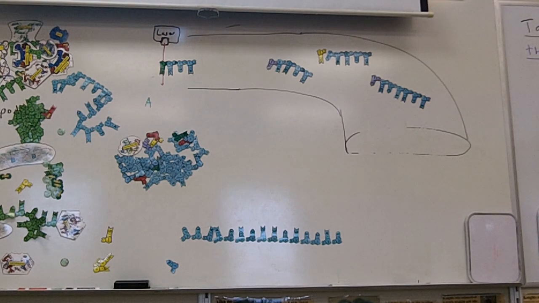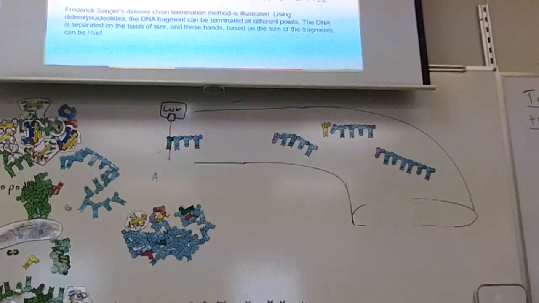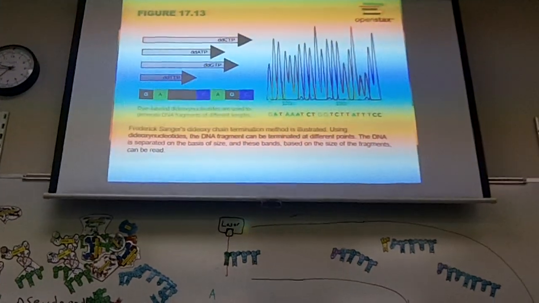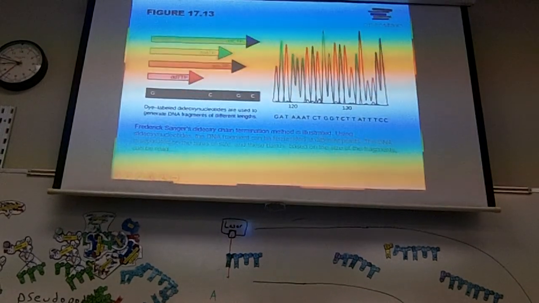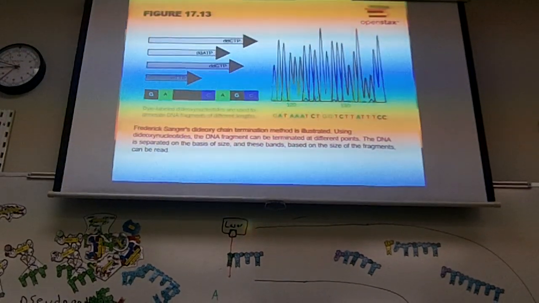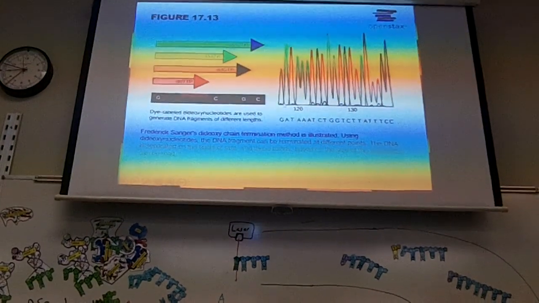For this picture, they have G as black. G actually fluoresces yellow. I don't know why they didn't use yellow for G. Terribly written. Anyway, that's why you see the hump, Josie, there, because we had just a peak of G's come through. And then there was a short time period.